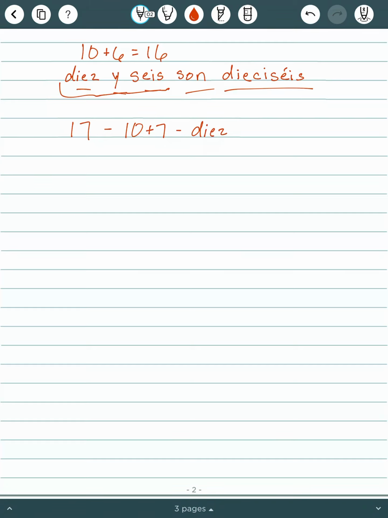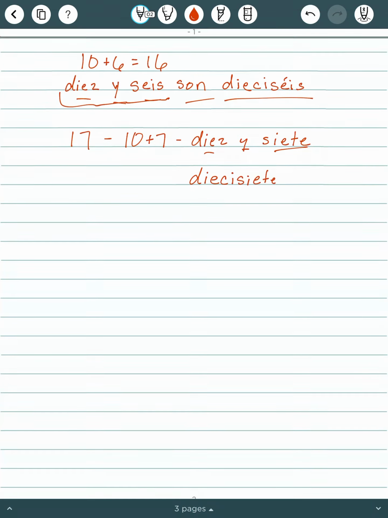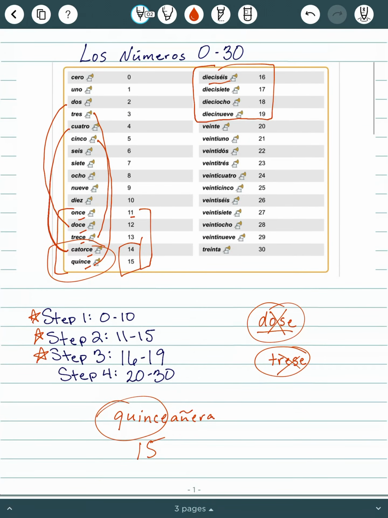So diez y siete. Change up the spelling a bit. Change that Z to a C. Change the Y to an I. Siete. One nice long word, 17. So you do that for all 4 of those numbers, 16, 17, 18, and 19. And do notice there's an accent on that E in 16. And that's just a pronunciation thing that you'll learn about later.